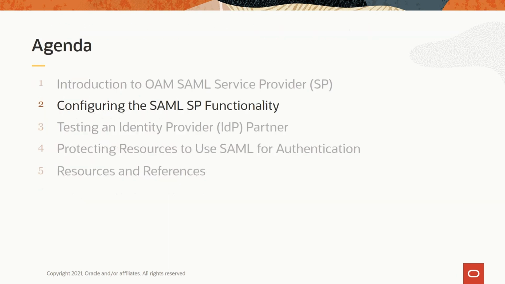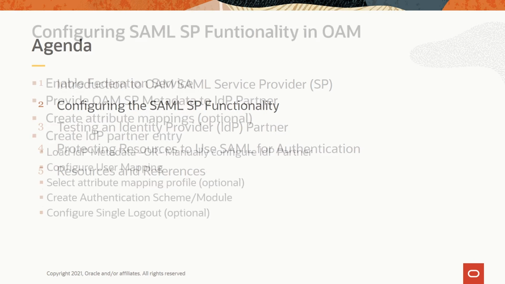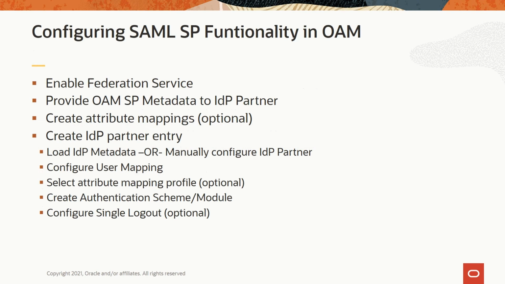In this section, we'll talk about configuring the SAML-SP functionality in OAM and creating an IDP partner entry. There are general steps for configuring OAM as a SAML federated service provider.